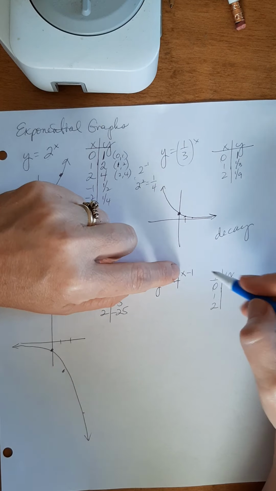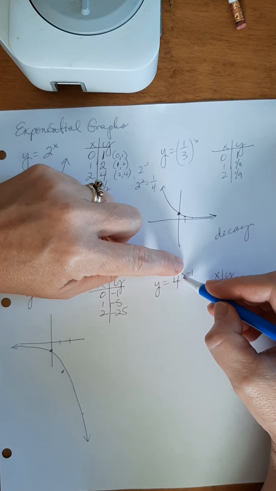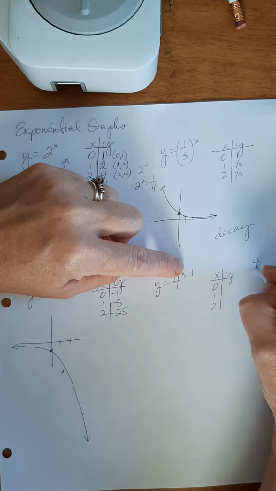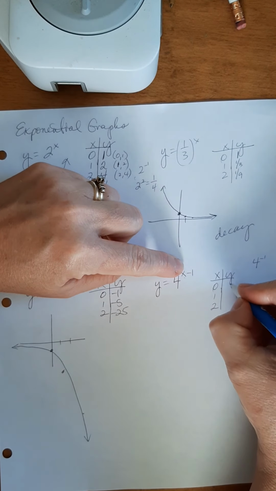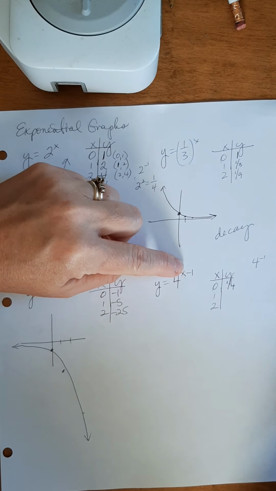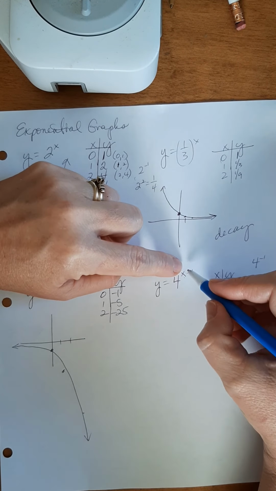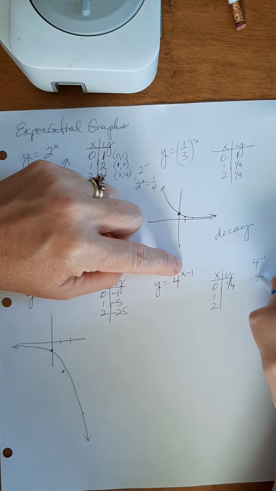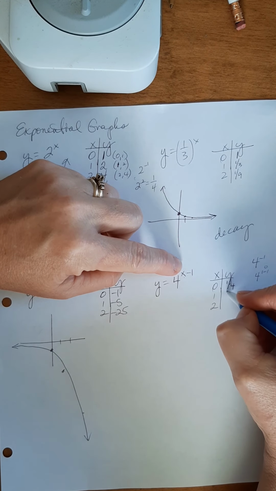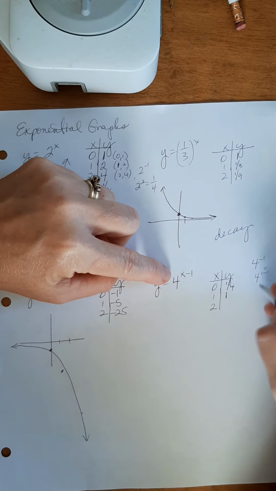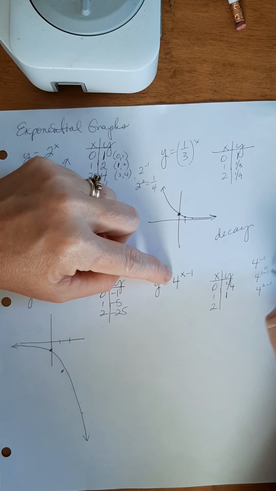On this one, for 0 you get 0 minus 1, which is negative 1, so it is a fourth. It's okay, I just want to warn you about that one. Then plug in 1. 1 minus 1 is 0, so 4 to the 0, 1. 4 to the 2 minus 1, 4 to the first, 4.